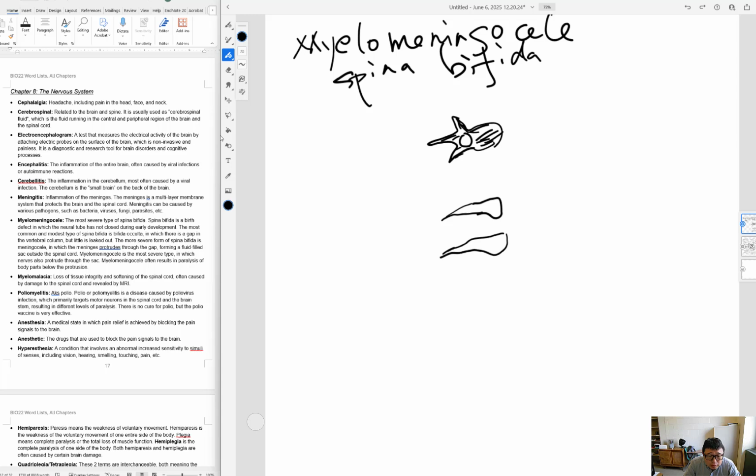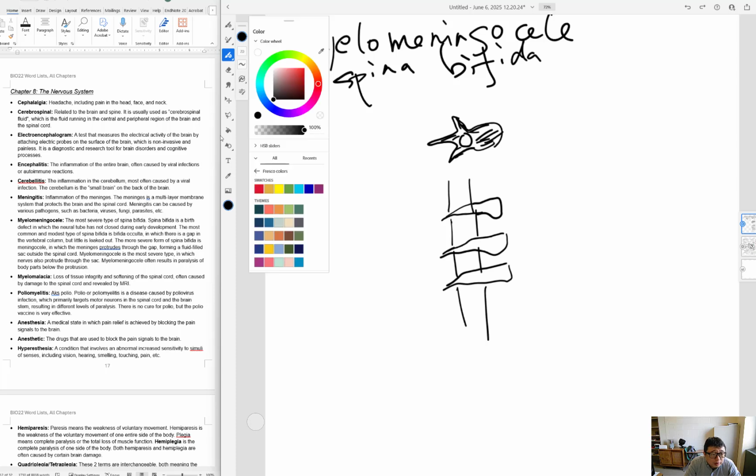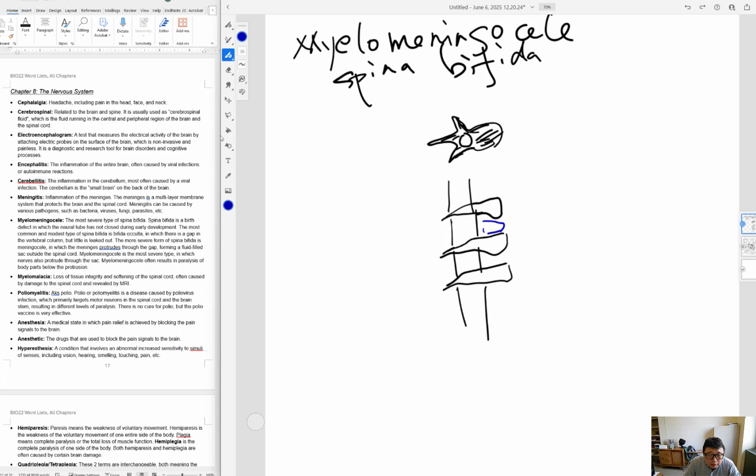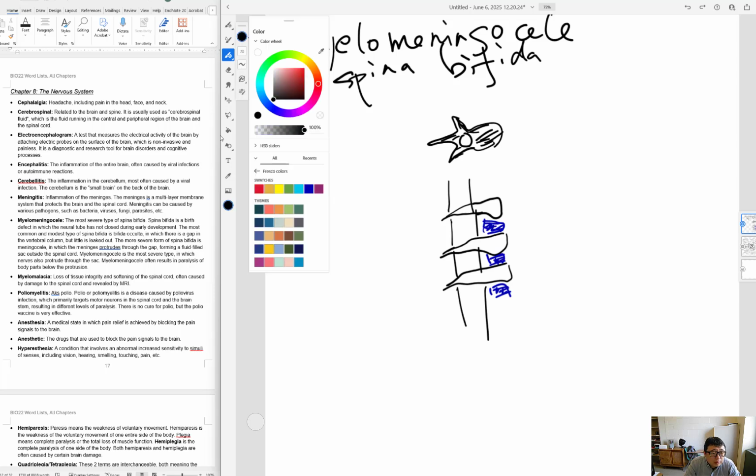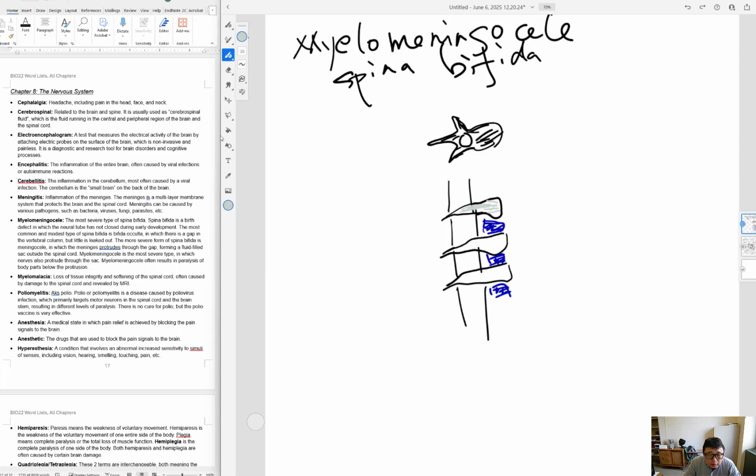The spinal cord runs through the hole. And there's the vertebral disc, and these are the vertebral bones.